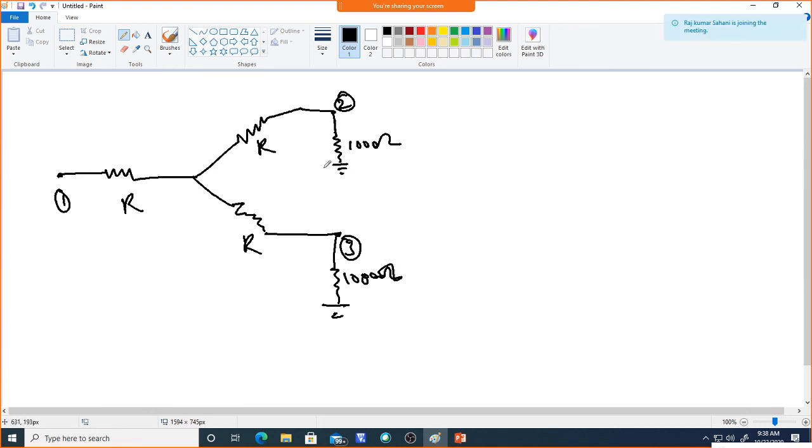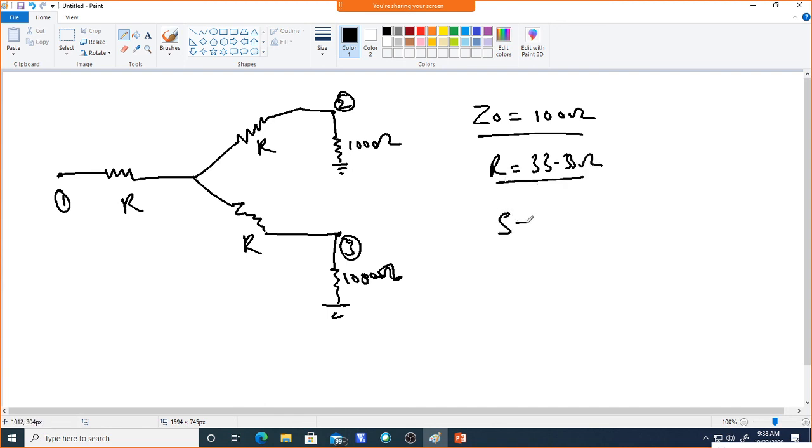Now if you take Z0 as the system impedance, 100 ohm, and divide it equally between the resistors, it will give around 33.33 ohm. If you write the S matrix for this, it is half into the matrix. We need to divide power equally between ports 2 and 3, so if port 1 is matched, you get half of the power at port 2 and half at port 3.